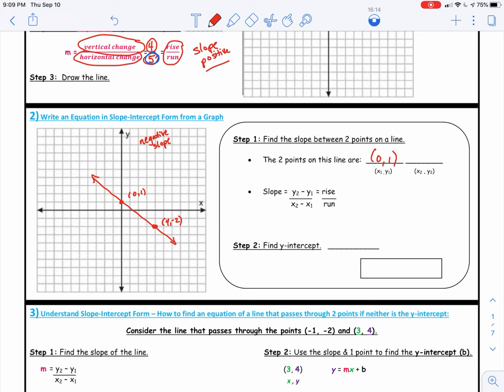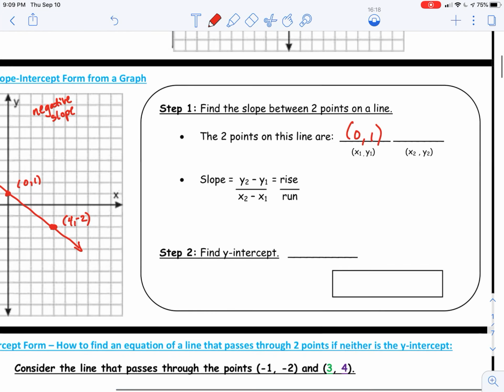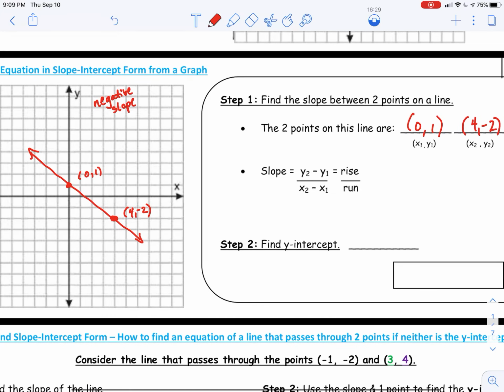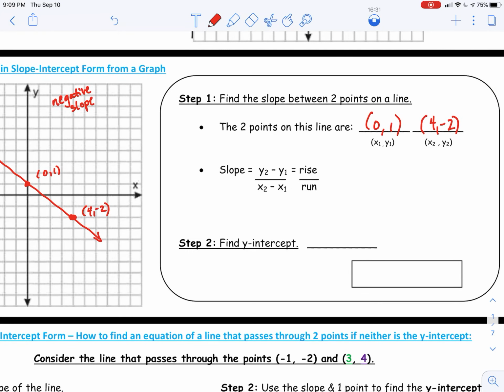You'll notice below there an x1 and a y1. I'm going to explain that in just a minute. And the other point is 4, negative 2. So there are our 2 points, and we have enough information from looking at the graph to figure out the slope. I'm going to show you how we do that, and then we're going to write an equation to match the line on our graph.